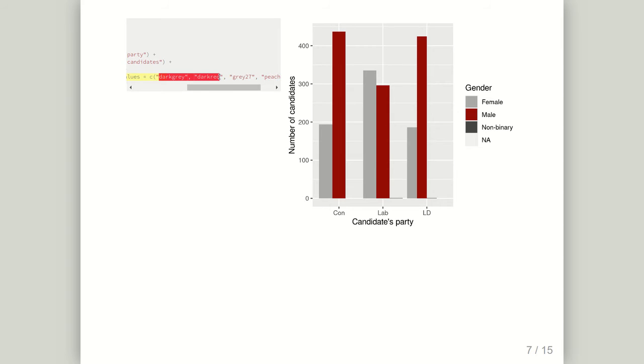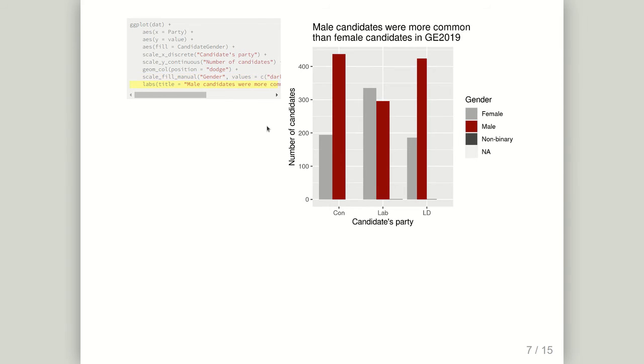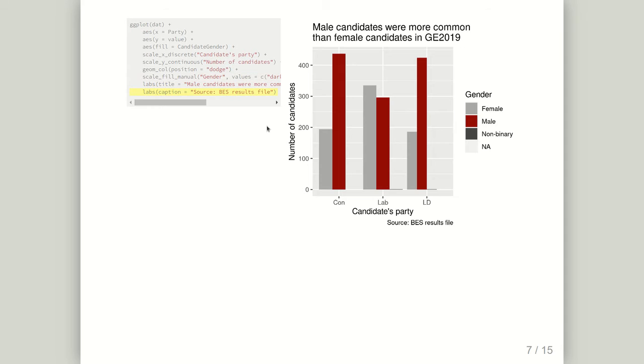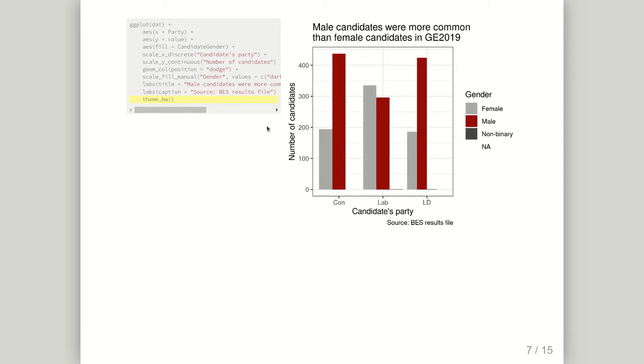So I had to play around so that the greys and the reds were in the right place, but I was able eventually to get the most common outcome in a dark red so that it stands out from the two other greys. This particular example might not be too helpful just because the other values, the non-binary candidates and the missing values, are not really very common. But we can, as before, add a title and a caption and a box around the plot area.